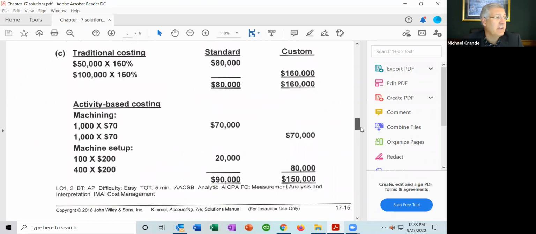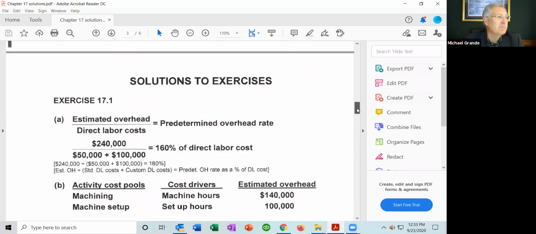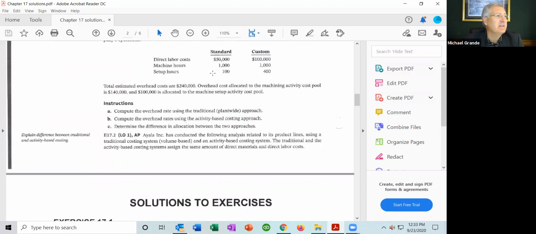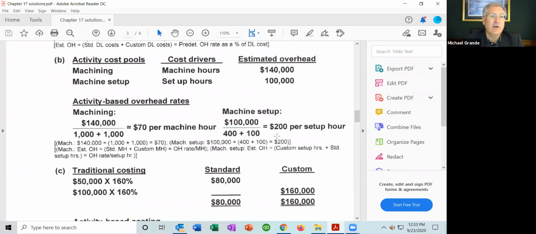The next activity rate is machine setups. And the number of machine setups comes from here again. The standard gets 100. The custom gets 400. And the activity rate we calculated to be 200 per setup.